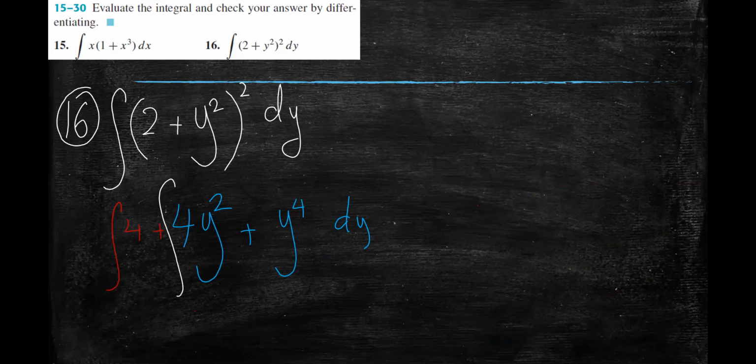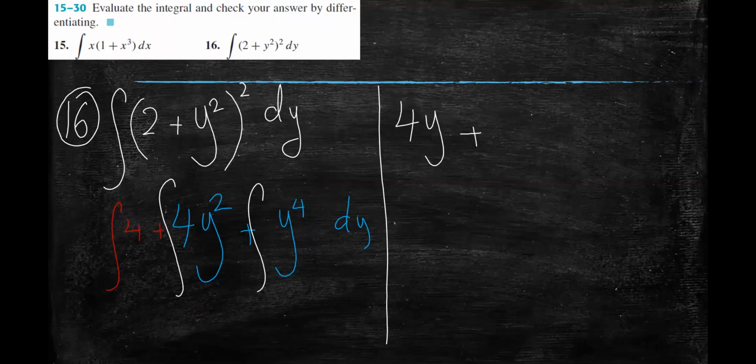We can distribute the integral sign. What is the integration of 4 with respect to y? 4y, thank you. Plus 4y squared, that means 4 over... What is the exponent here? 2, plus 1 is 3, so I will add 1 to it over 2 plus 1.